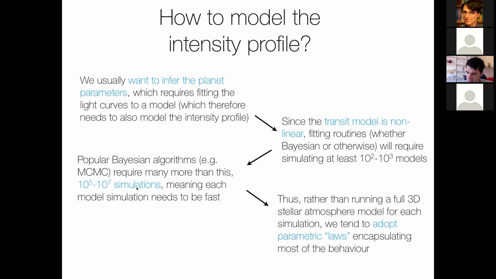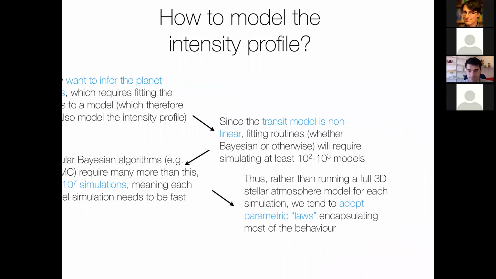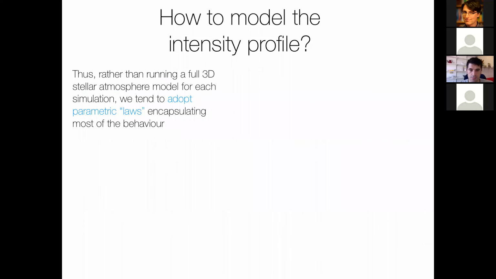But rather than do that, because that would be extremely time consuming, we tend to adopt these parametric, in inverted commas, laws. I don't know why they're called laws. They're obviously not laws. It's kind of a misnomer. But yet this is the language we're stuck with. And these parametric laws are designed to be polynomial-based models, essentially, which encapsulate most of the behavior predicted by these atmosphere models.